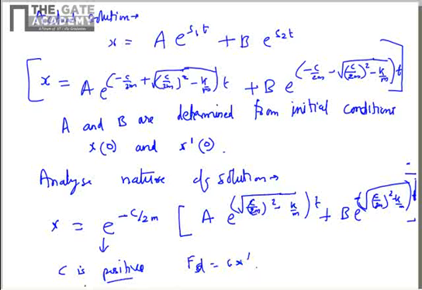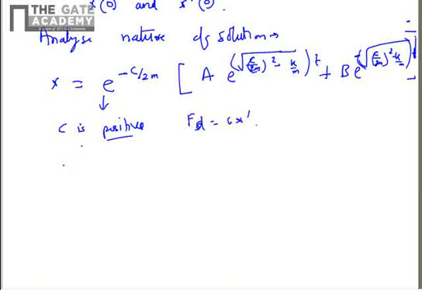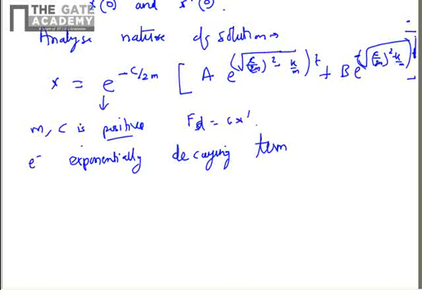So c is positive, and m is positive as well, so e to the power minus c by 2m is an exponentially decaying term. This will add damping to the solution, damping to the amplitude.